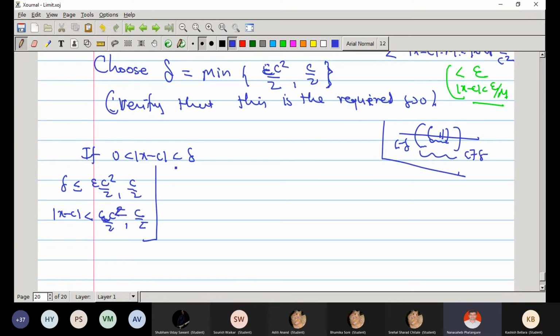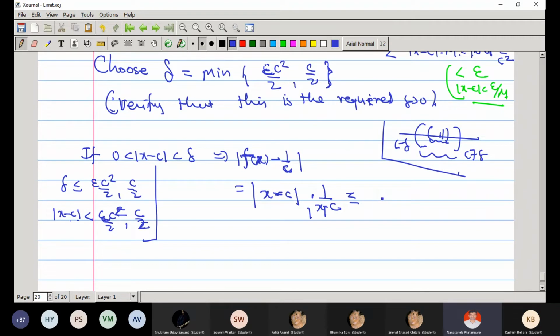So, if the distance of x from c is less than delta, then what is the distance of f(x) from 1 by c? We have already calculated this: x minus c into 1 upon xc. And under this restriction, that the distance of x from c is less than c by 2, we know that this quantity is less than m.